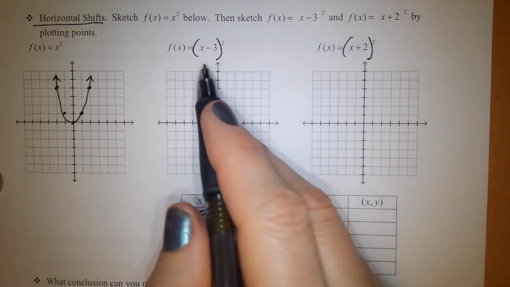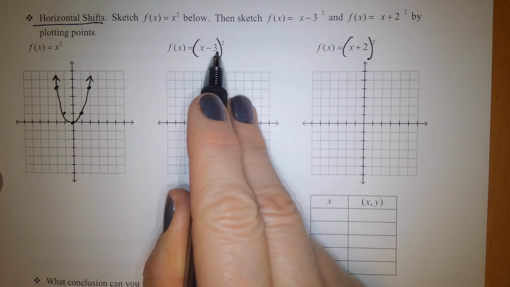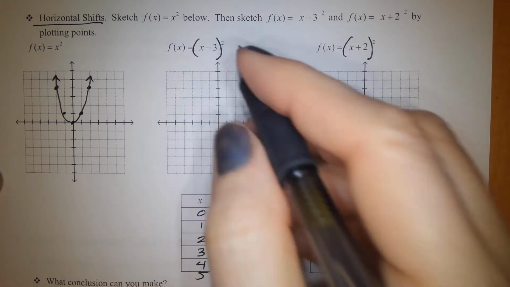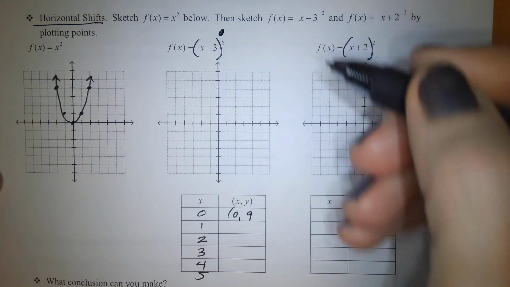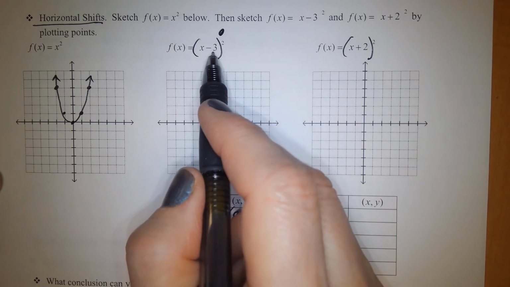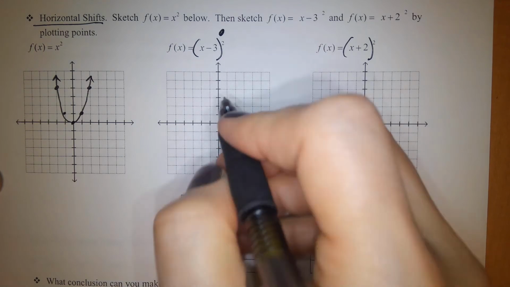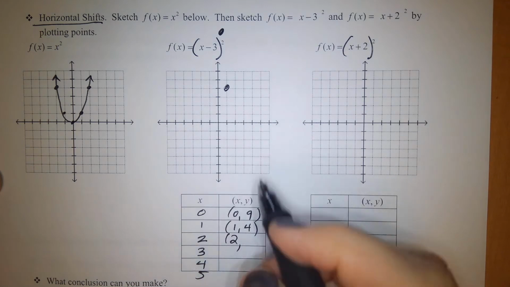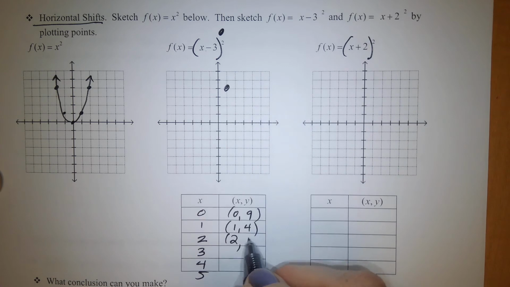If I put in 0 for x, 0 minus 3 is negative 3, squared is 9. So that's way up here. If I put in 1 for x, 1 minus 3 is negative 2, squared is 4. If I put in a 2 for x, 2 minus 3 is negative 1, squared is 1.